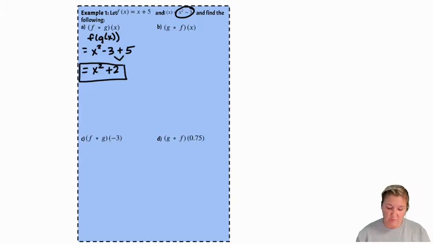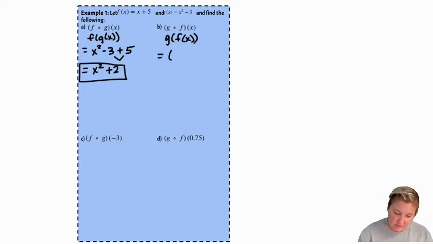So g composed of f of x. This is going to be g of f of x. Anywhere I see x, I'm going to replace it with f. So I'm going to have x plus 5, all of that squared, minus 3. Remember, when you have a squared here, this is a big mistake: this is x plus 5 times x plus 5.